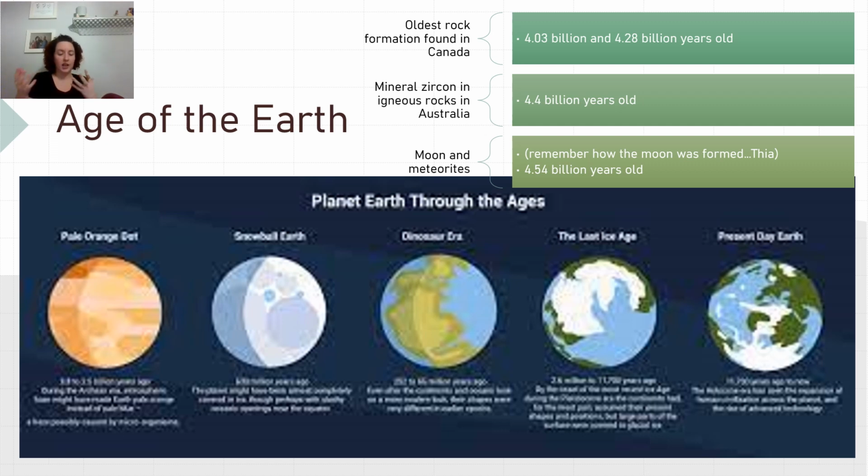Obviously we like to look at igneous rock because it's the least disturbed, which gives us an age range of about 4.4 billion years old. So just by looking at those two data points, we're looking at the age of the Earth being somewhere between 4.03 and 4.4 billion years. Already just falling along the lines of uniformitarianism, that we have a very, very old Earth.